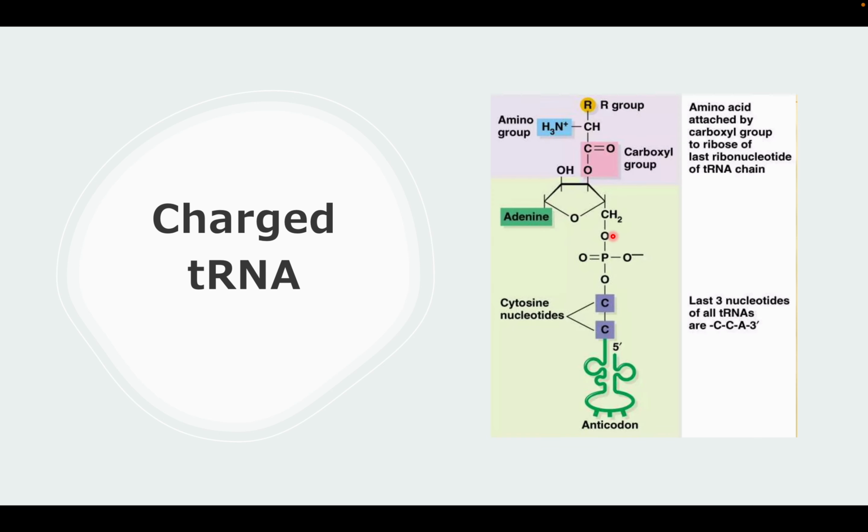So how does the charged tRNA look? You can see it has the amino acid, which can be anything that is coded for by the complementary anticodon on this one. And then it is attached to the ribose of the adenine.